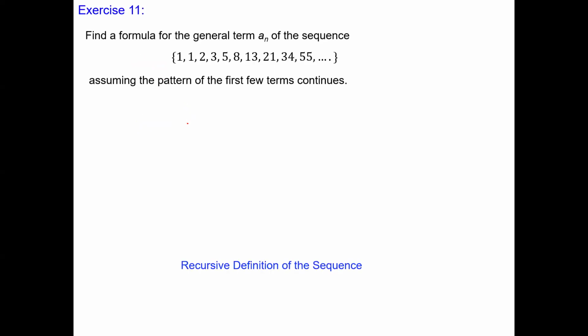And one more, number 11. Number 11 is difficult. Let's look at these numbers: 1, 1, 2, 3, 5, 8, 13, 21, 34, 55, and so on. Maybe the question is a little bit not accurate.